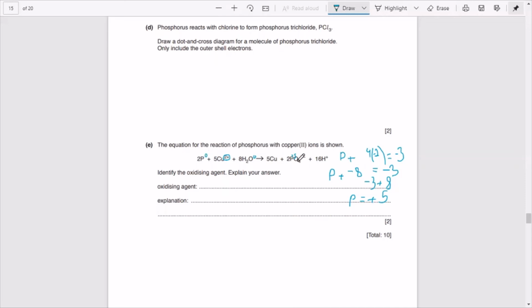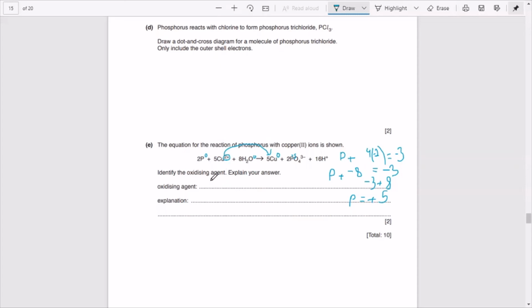Now if we talk about oxidizing agent, that means we should have a decrease in oxidation state. This is 0 and this is plus, so here we have an increase. It's getting more positive. So we are going to take this one as an oxidizing agent because here we see there is a gain of electron.